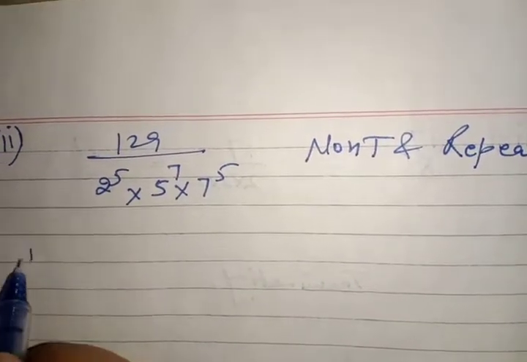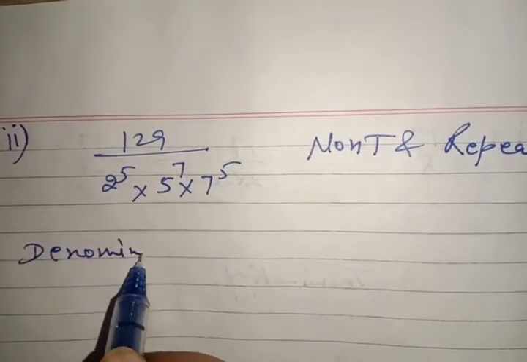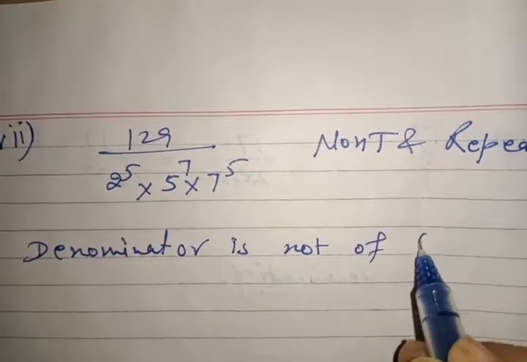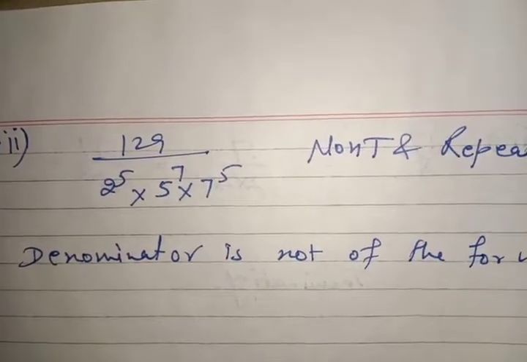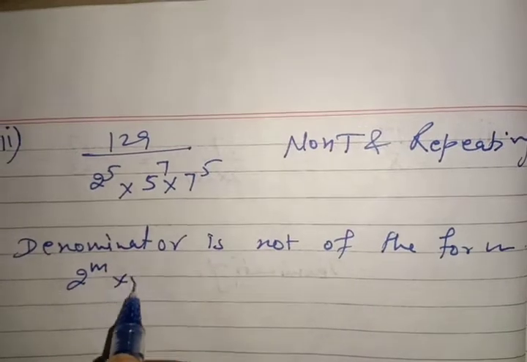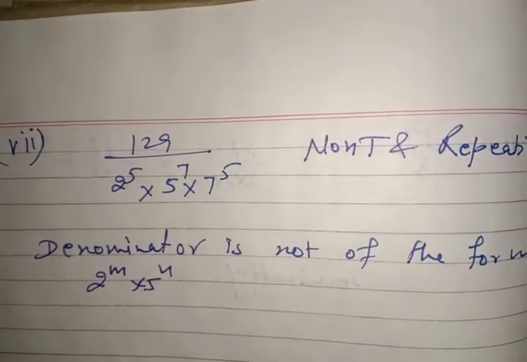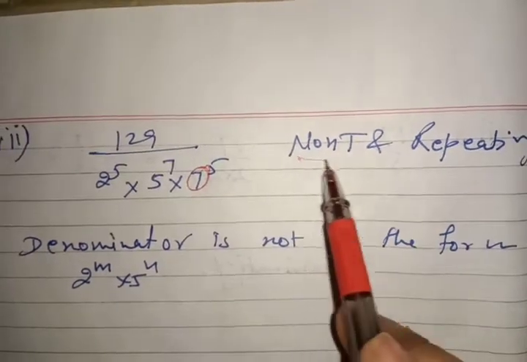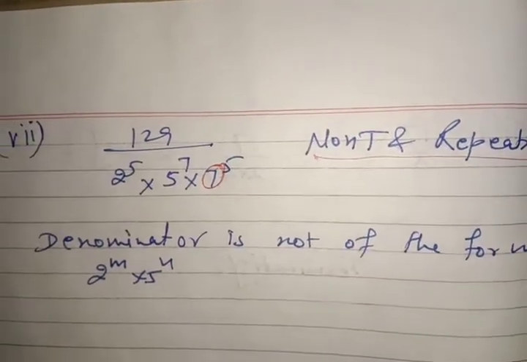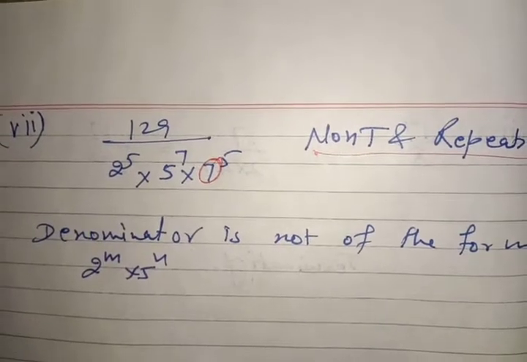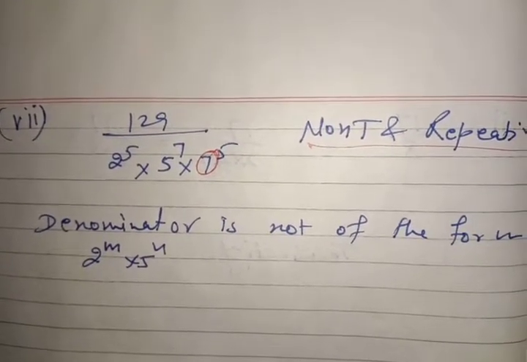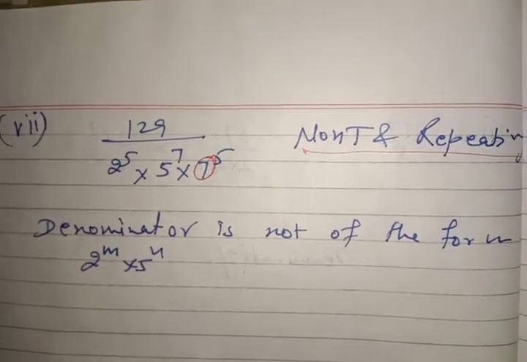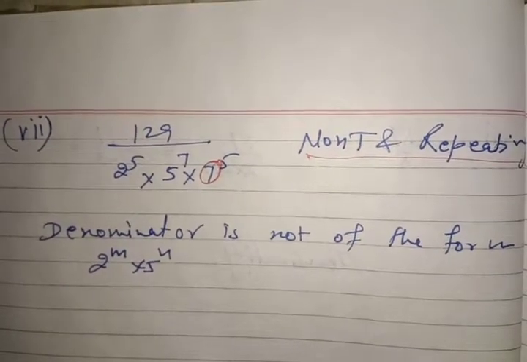Because the denominator is not of the form 2 power m into 5 power n. You can see 7 is here, an extra number. We need only 2 and only 5, or both. So we will write that it is non-terminating and repeating.